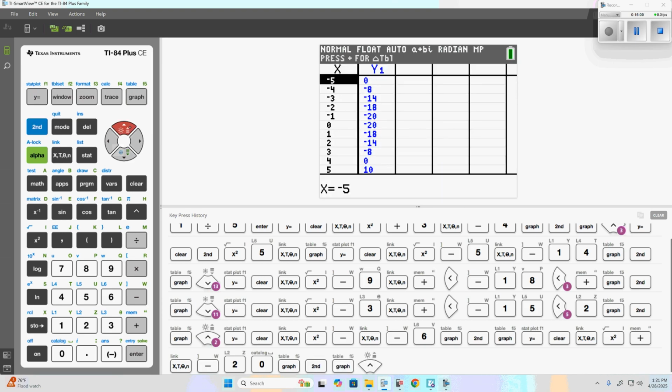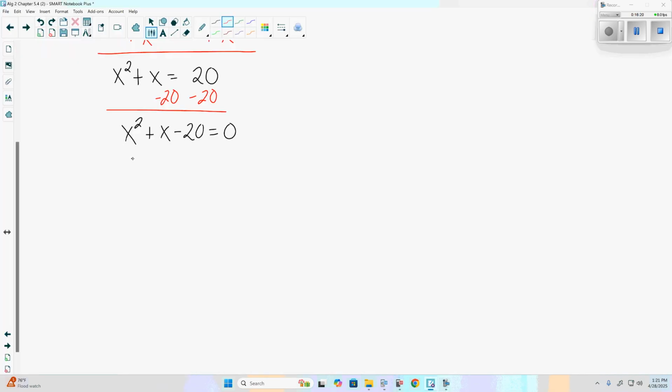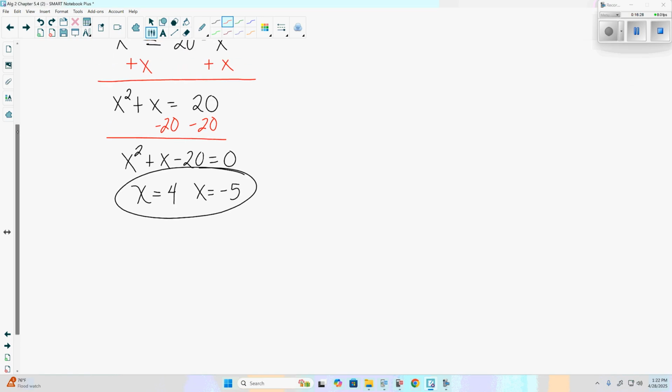We do see the positive value is when x is 4, the y value is 0, like we want. And the other is negative 5. So that tells us x is equal to 4 and x is equal to negative 5.